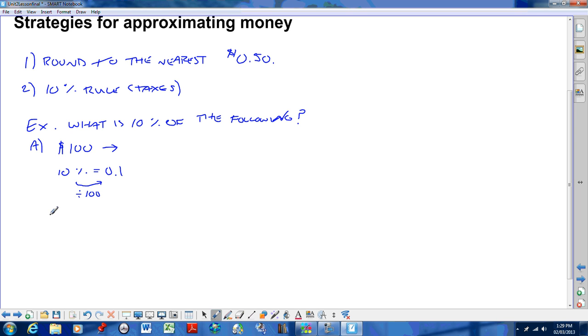Then you would take that decimal amount and multiply by the number in question, and 0.1 times 100 turns out to be 10. So 10% of 100 is $10. What's really happening here is that we're moving the decimal, whatever the dollar amount is, over one spot.